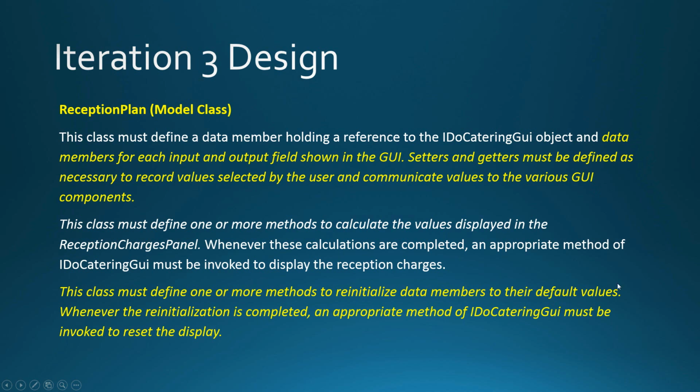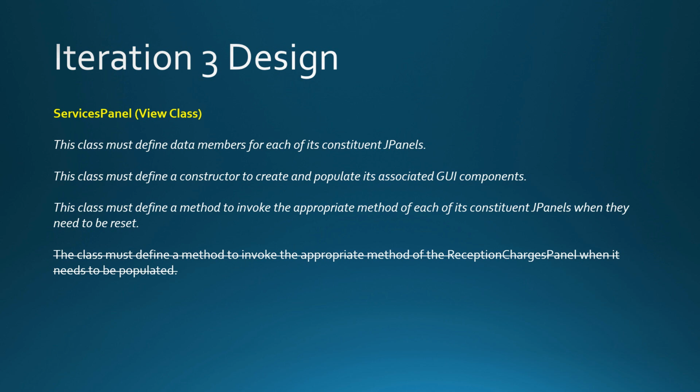With respect to our assignment requirements, we're again going to partially satisfy the design of the reception plan by adding one more data member. We're also going to have to update the init method of this reception plan to reinitialize that data member. We're going to add the services panel class.